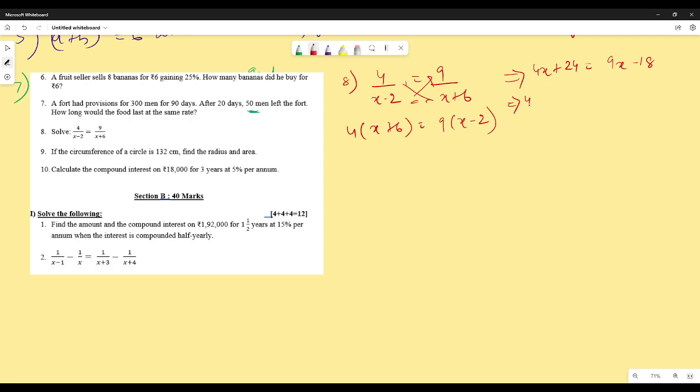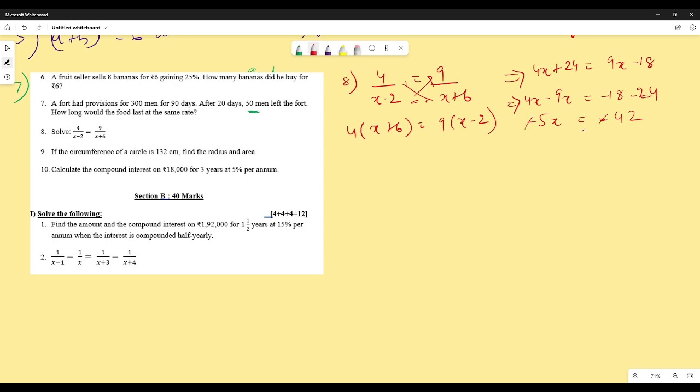So this will come up to 4x minus 9x. Remember, this 9x is moving to the other side, so its sign will change, right? It becomes minus 18. 18 remains on this side, so its sign will remain the same. 24 is moving to this side, so the sign of 24 will also change. So what we have over here is minus 5x equals minus 18 plus minus 24, which is minus 42, right?